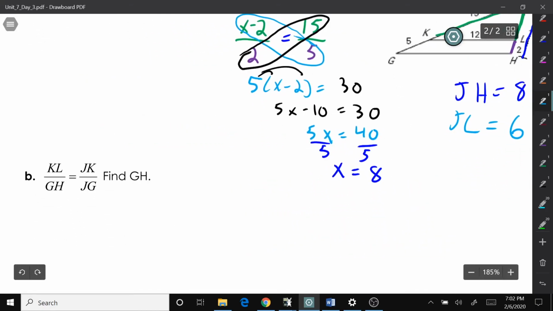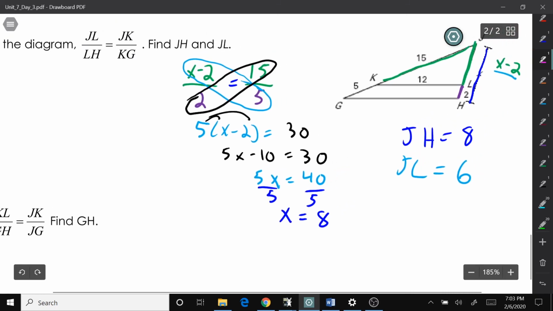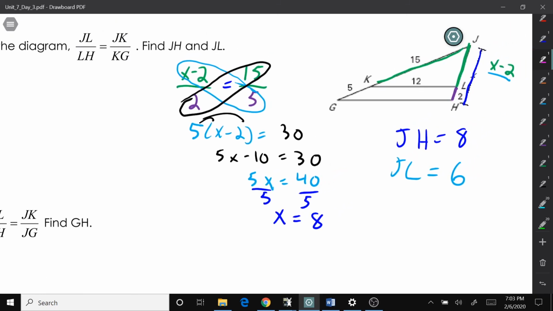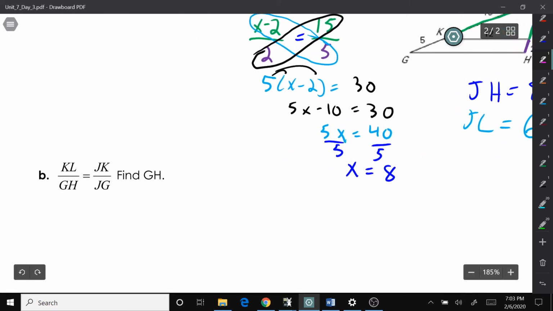It says KL over GH equals JK over JG. Find GH. So we're just going to plug in what we know. We know KL. KL is 12 according to that picture. Over, we don't know what GH is, so I'm just going to leave that alone.